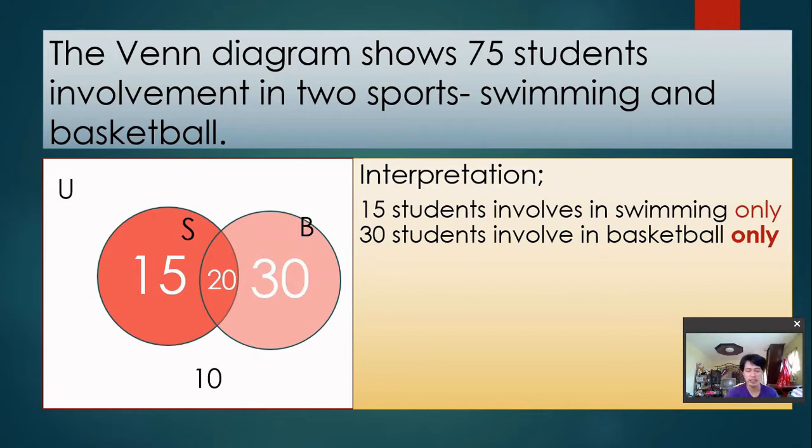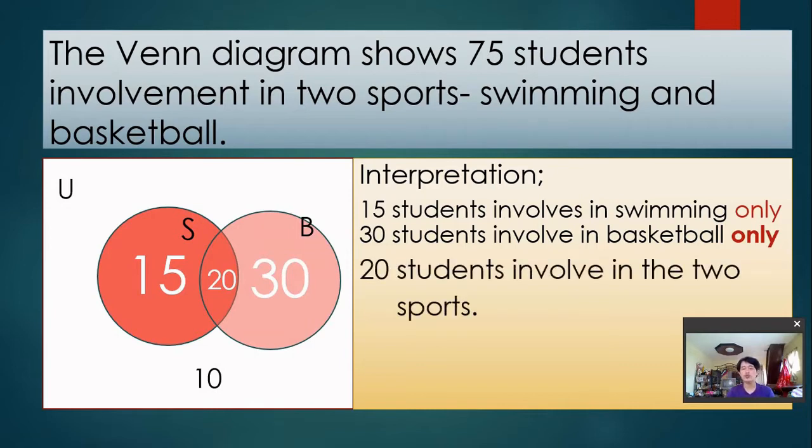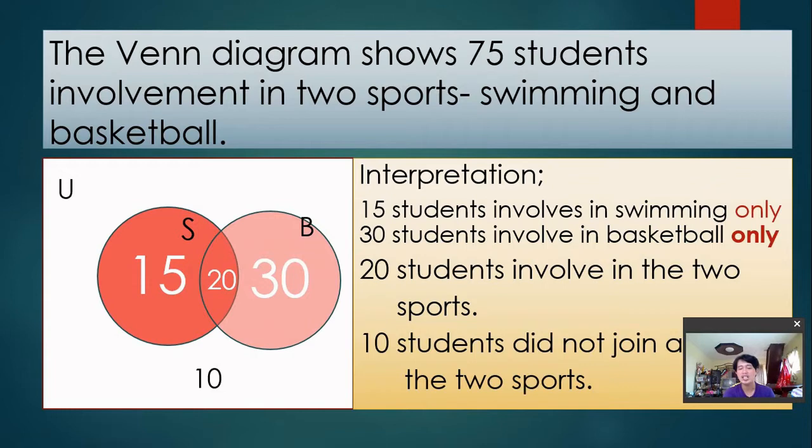And what is 20? 20 students are involved in two sports, so they like both swimming and basketball. And what is 10? These students did not join any of the two sports. So maybe these students like Sungka or other sports.